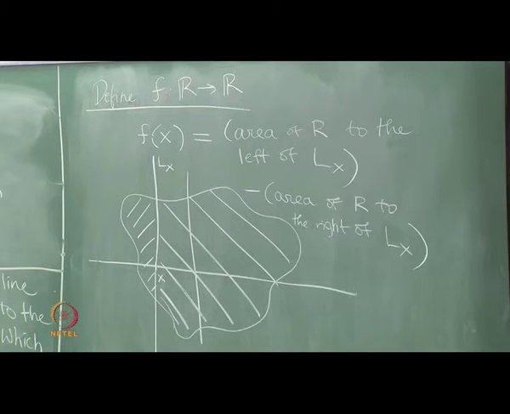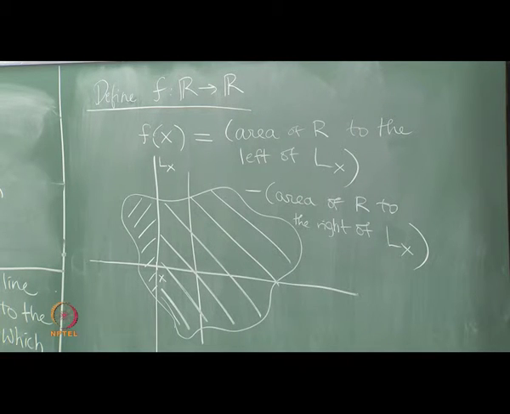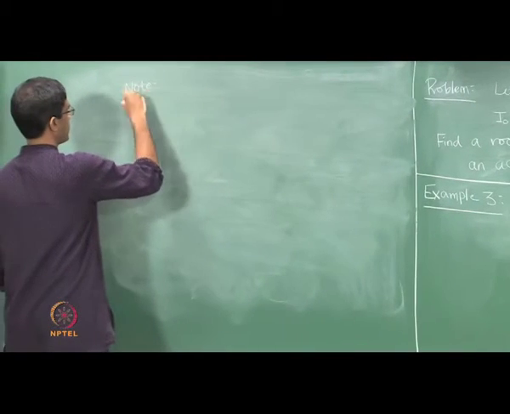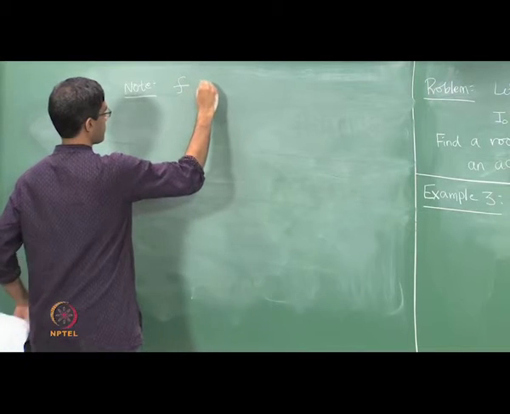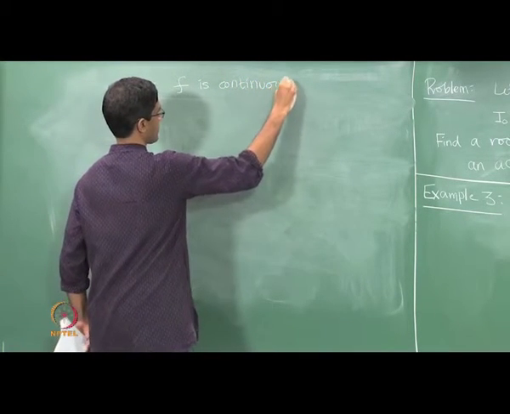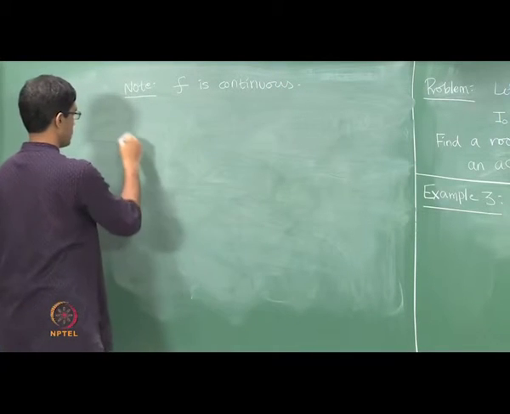So firstly, observe this function is continuous, because as you change the value of x, the line of course moves. So here's the key point to keep in mind: this function f that we have defined is in fact continuous. Why is that?